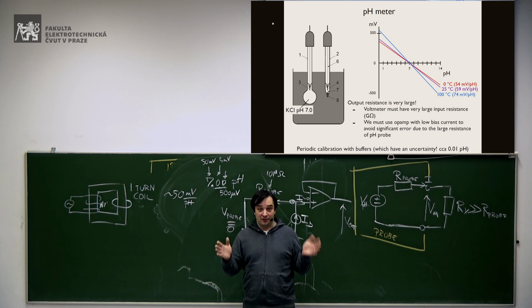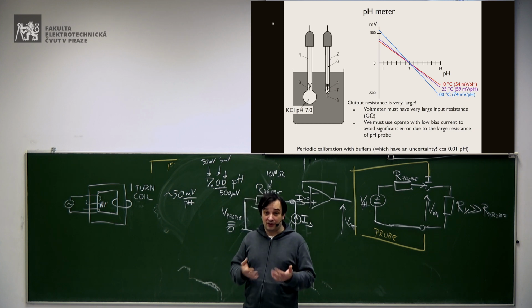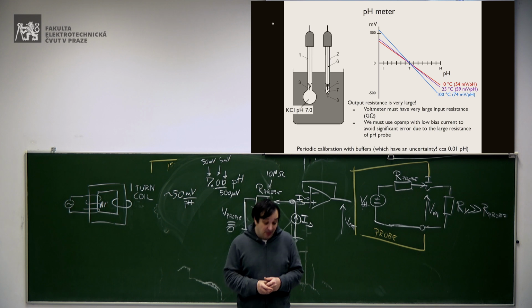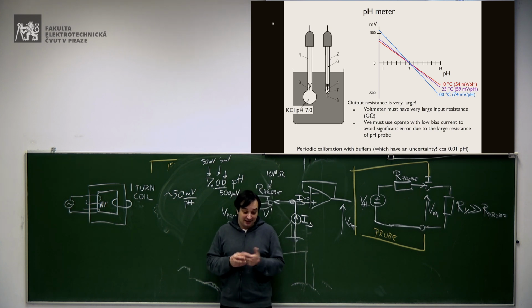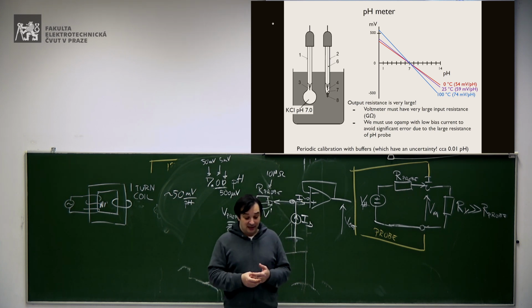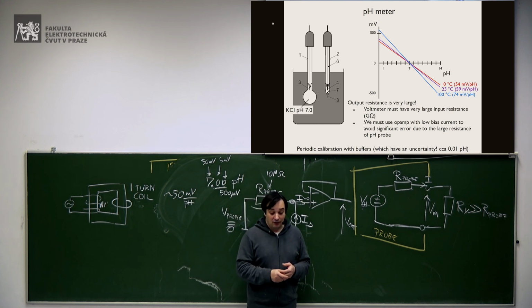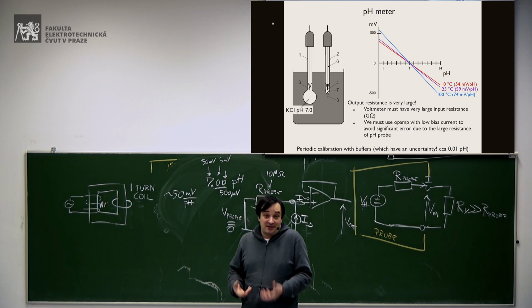So that you can measure the sensitivity in the area around the value of the solution that you want to measure. Keep in mind also another important thing: when you make your calibration, the value of the buffer itself has some uncertainty.